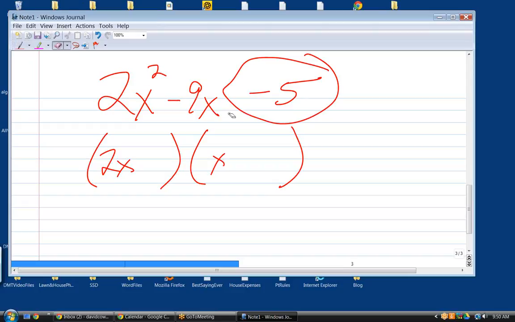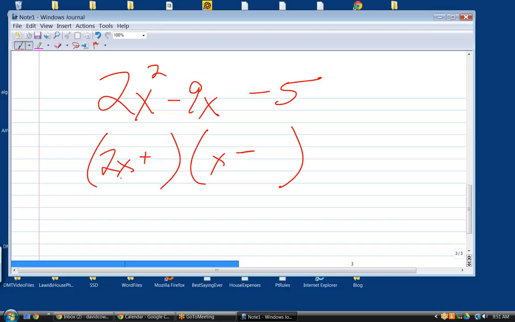In other words, the signs have to be opposite. Notice the first time you see this negative 5, you know these signs got to be different. But here's the catch. This plus minus is not necessarily going to be the same as minus plus, because the plus is multiplying this term, the minus is multiplying this term.